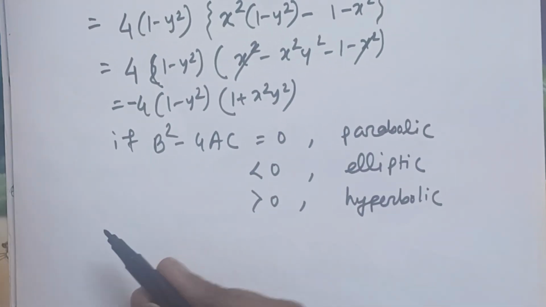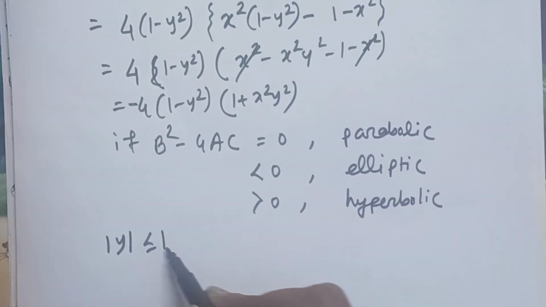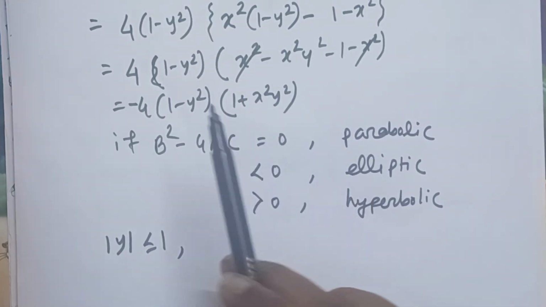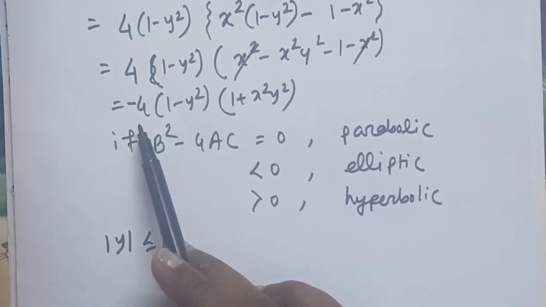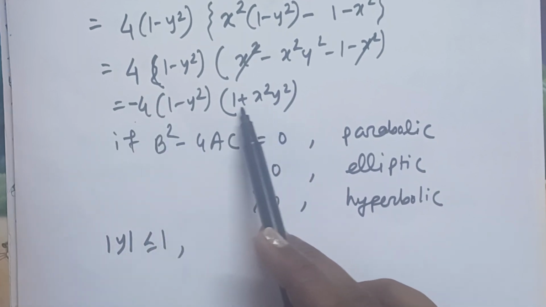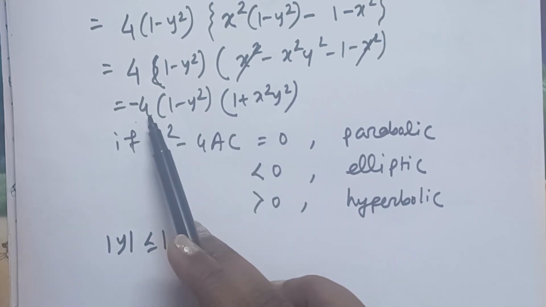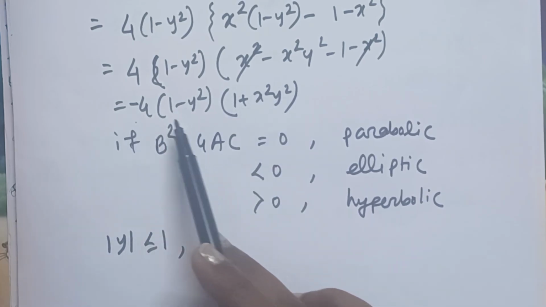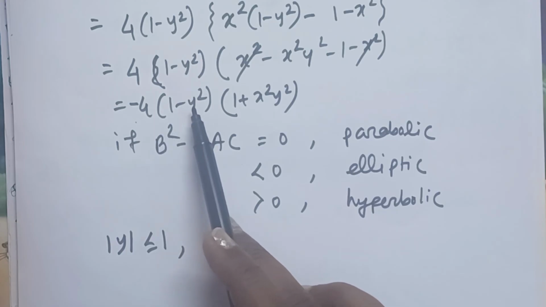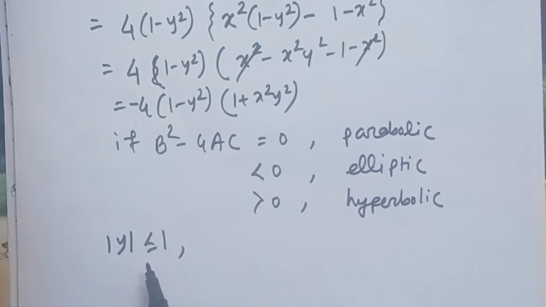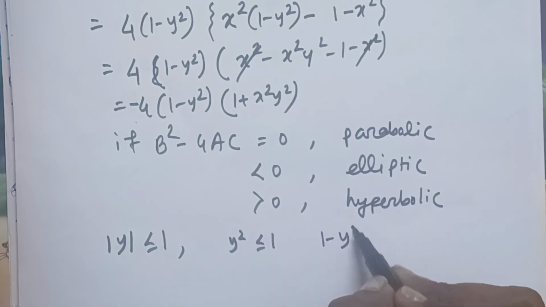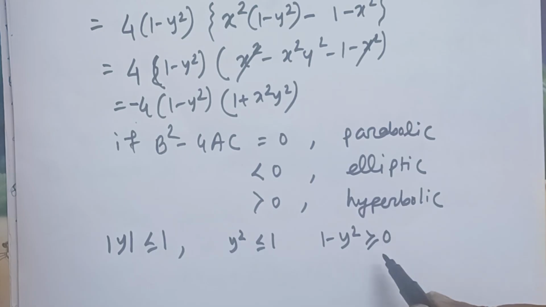So the first case is mod y less than or equal to 1. In b square minus 4ac there is a minus outside, and 1 plus x square y square is always positive, so we are left with 1 minus y square, which will give us the ultimate result. When mod y is less than or equal to 1, then y square is less than or equal to 1, and 1 minus y square is greater than or equal to 0.